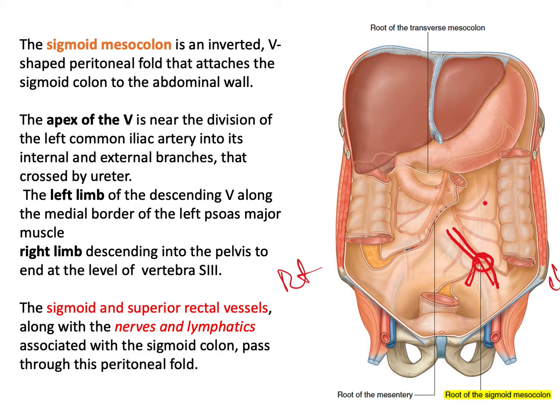Also, look at the shadow here. You have the shadow of the ureter that crosses here. So again, the apex of the V is located near the bifurcation of the left common iliac artery, crossed by the ureter, as I mentioned. Let us erase it again, and let me show you the next figure.